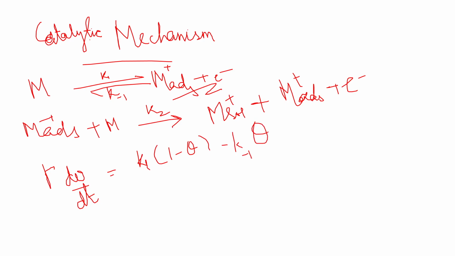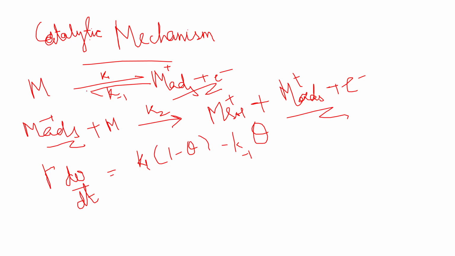Correct. Why not in the second step? Again, M adsorbed is involved. Why are we not including that in the theta balance? Because this is the same solution, so electron is not coming. In the second step, M adsorbed is used and again M adsorbed is formed. There is no change in the site vacancy after the second step.